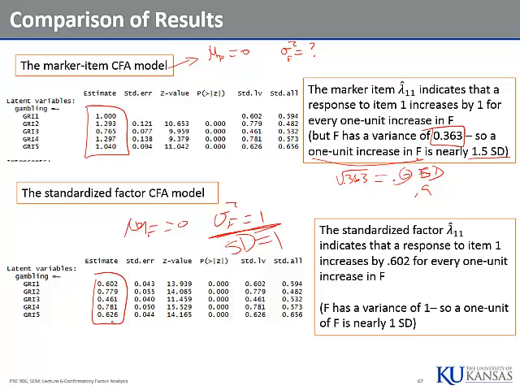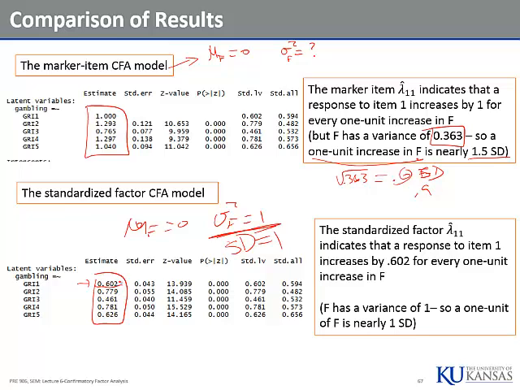So the accounting all works. What's fuzzy is what the factor variance happens to be. So these unstandardized estimates say for every 1 unit increase in the factor, a person will go up 0.602 points on the item itself.